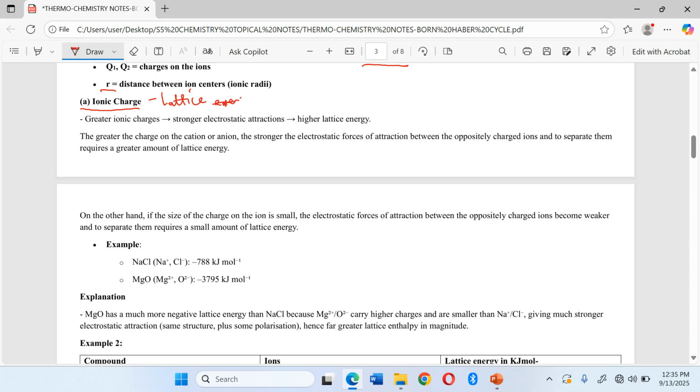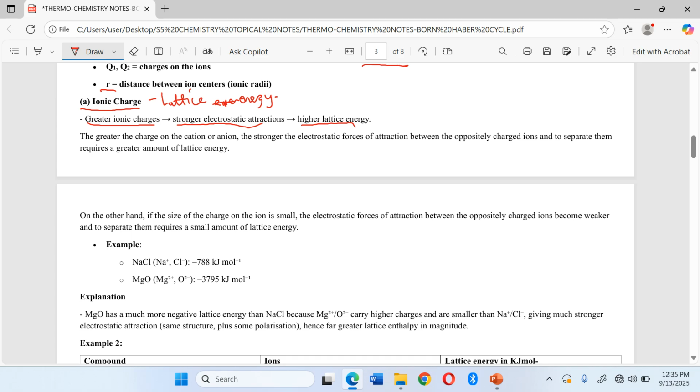I'm saying that greater ionic charges mean stronger electrostatic attraction and higher lattice energy. So if the ionic charges are big, then there is a stronger electrostatic attraction and therefore higher lattice energy.